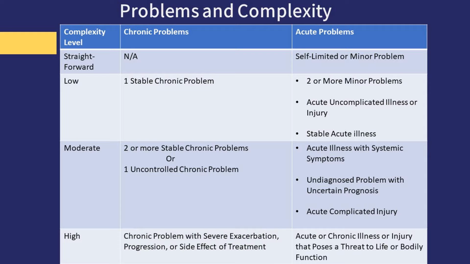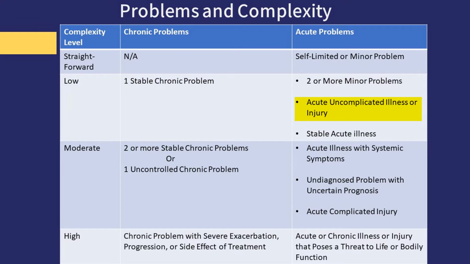For acute problems, straightforward includes a self-limited or minor problem. The guideline defines a self-limited or minor problem as a problem that runs a definite and prescribed course, is transient in nature, and is not likely to permanently alter health status. Keep this in mind as I'll come back to it shortly. Low includes two or more minor problems.